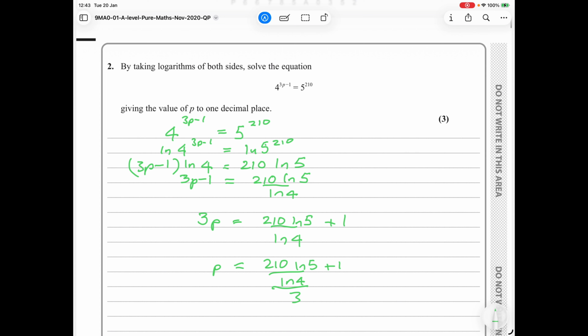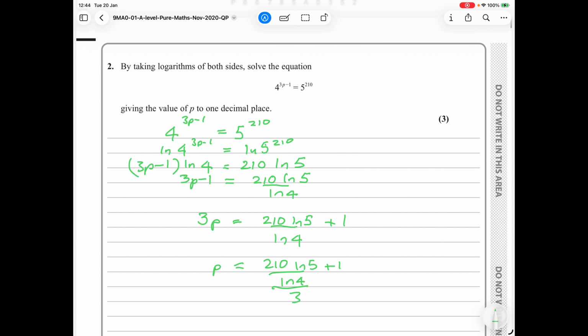So you just put that into your calculator, which is one of those annoying things. But we have got all the major things out of there, so let's put those in. 210 log 5 over log 4, and then that's plus 1, and it's all over 3.